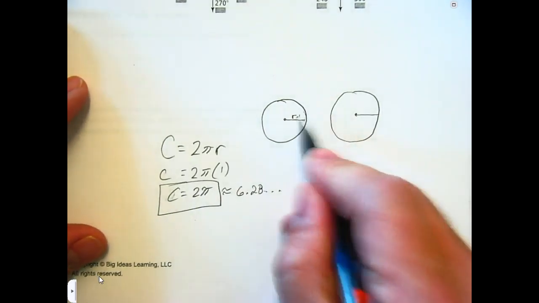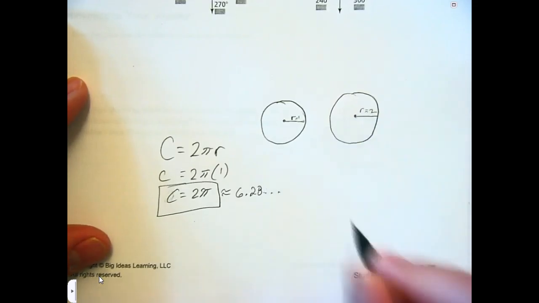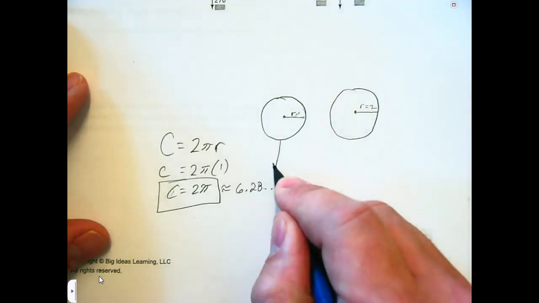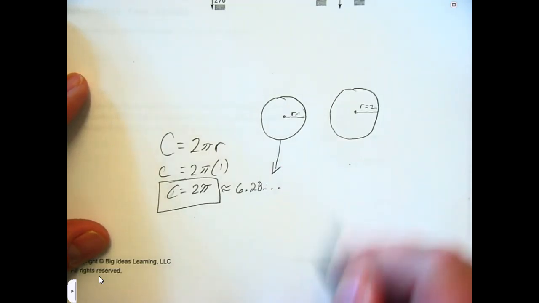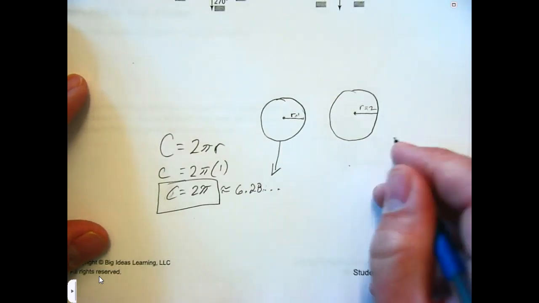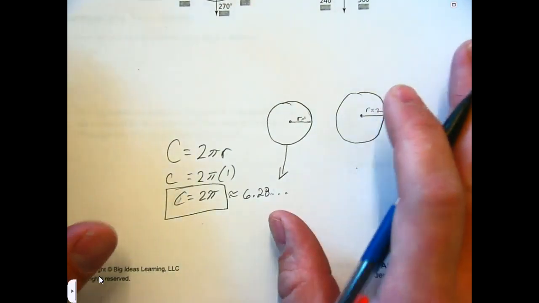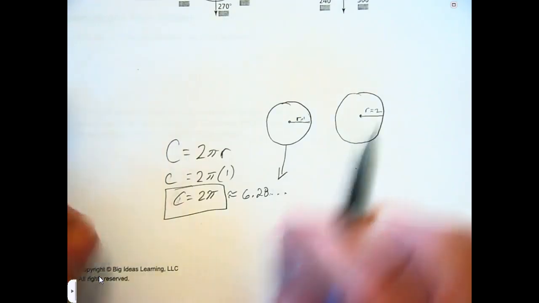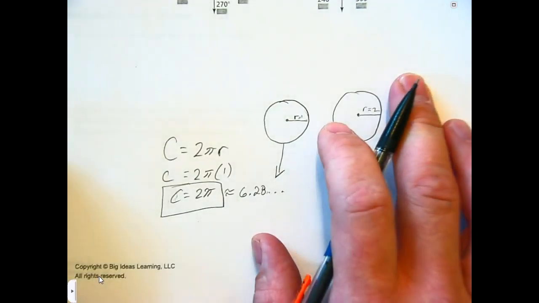So in this circle where the radius is 1, and in this circle where the radius is 2, 6.28 radii fit around this one. The same thing would happen on this one. It'd be 6.28. That's why we can measure in radians. So when we're talking about radians, we're saying how much of the radius is it from one point to another.